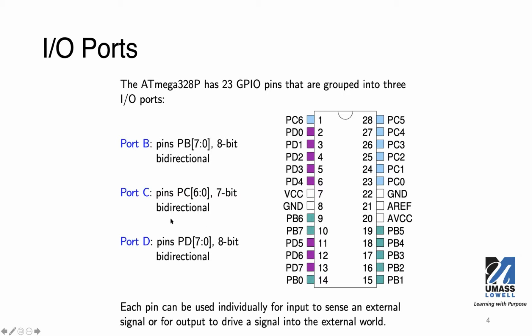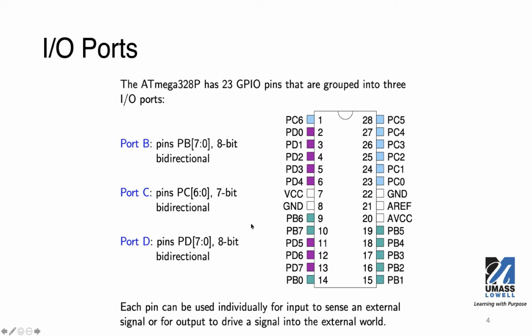And then similarly, port C has a few pins from 6 to 0. It's colored in this light blue. And then port D, 8-bit bidirectional I/O, and colored in purple.